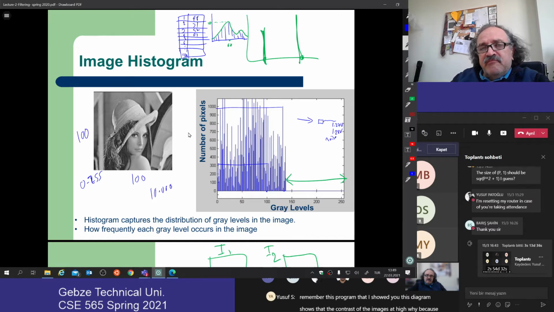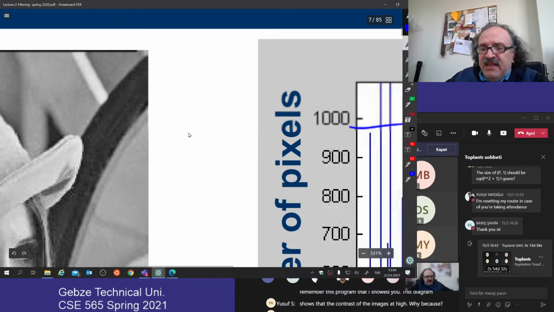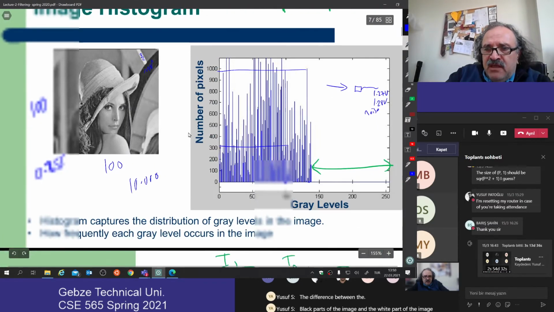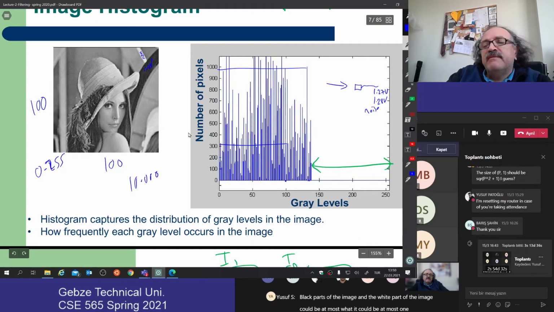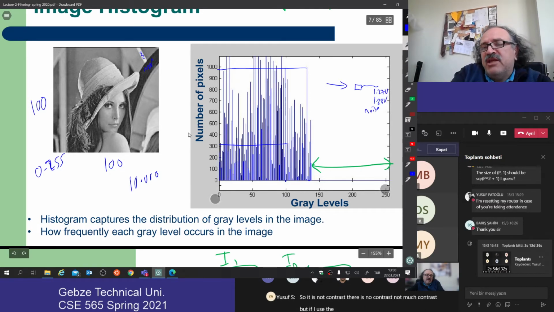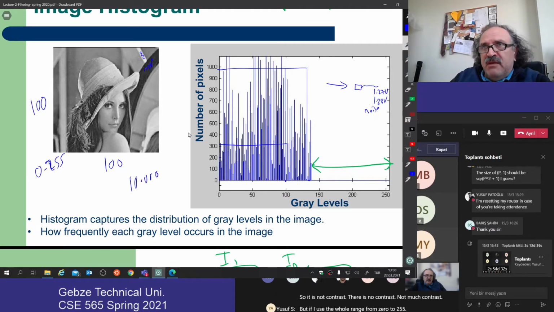Because the difference between the black parts of the image and the white parts could be at most what? It could be at most 130, right? So there is not much contrast. But if I use the whole range from 0 to 255, then my contrast would have been higher.